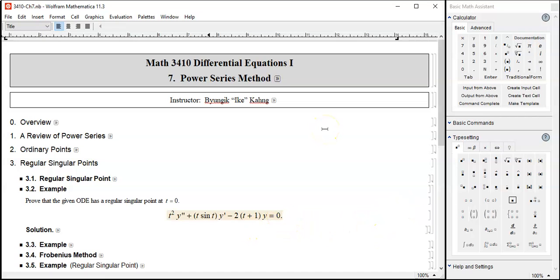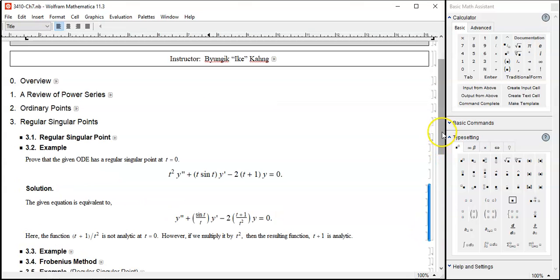Let's prove that this ordinary differential equation has a regular singular point at t equal to 0. Okay, if I divide everything by t squared, we go down to the denominator, so we're going to have a problem. The coefficient function will not be analytic anymore at t equal to 0.